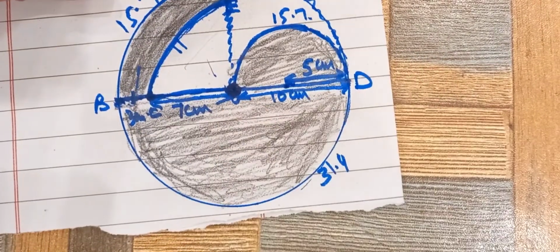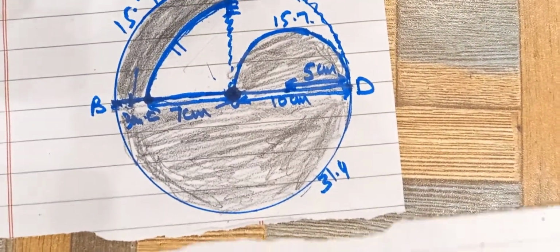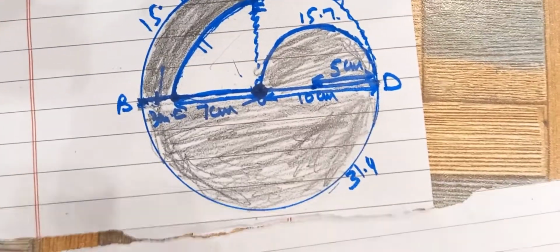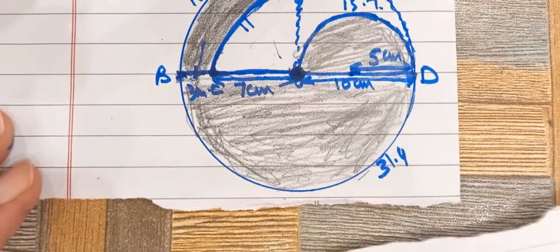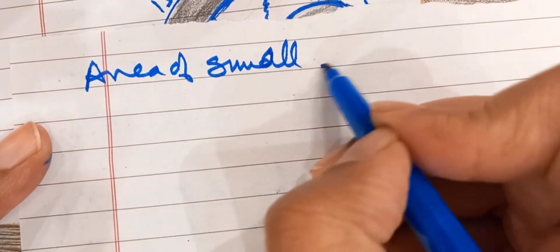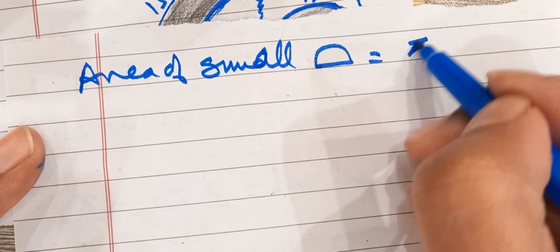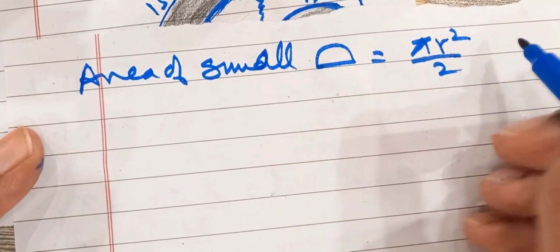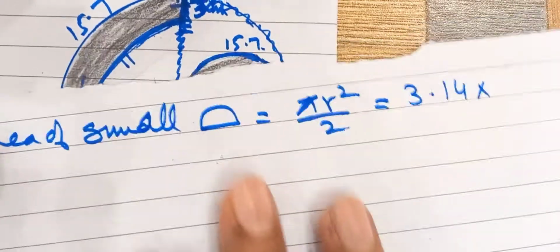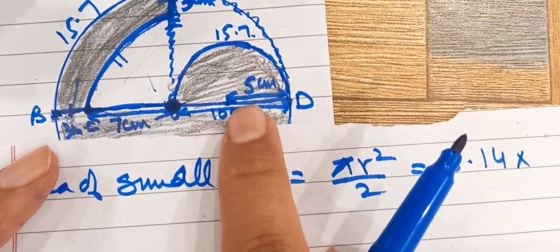So I'm going to proceed. First, area of small semicircle is equal to pi r square by 2 is equal to 3.14 into r, as we have already calculated.